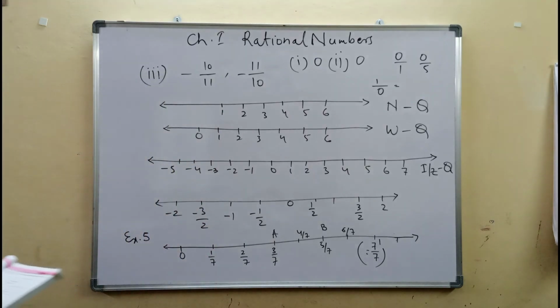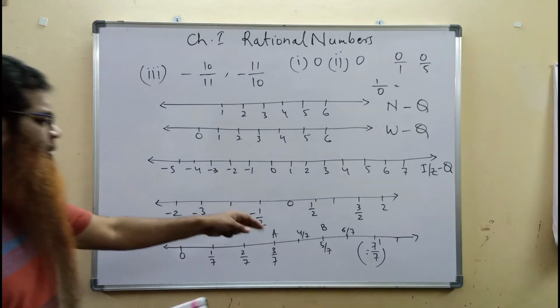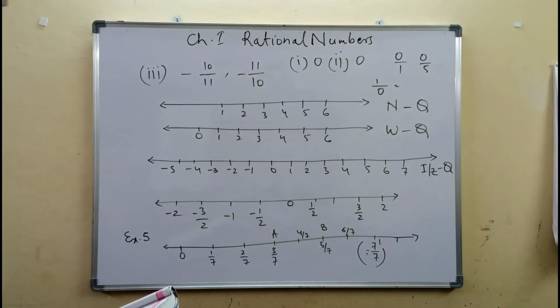The unit from 0 to 1 is divided into 7 equal parts. A represents 3 out of 7 and B represents 5 out of 7.